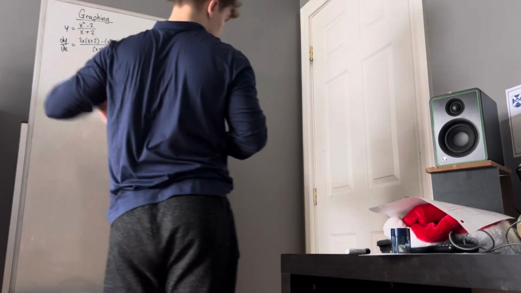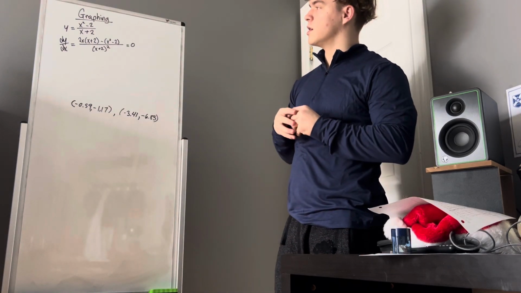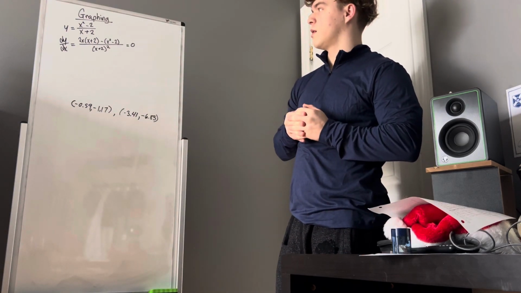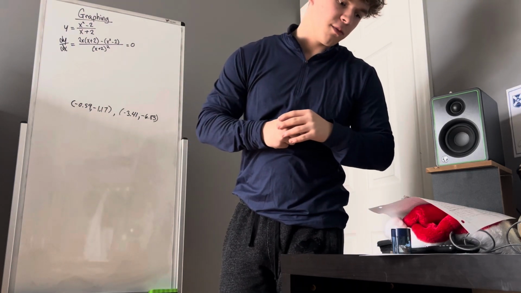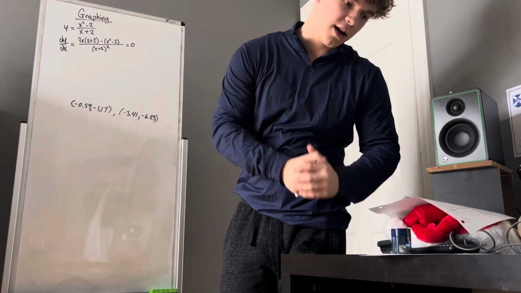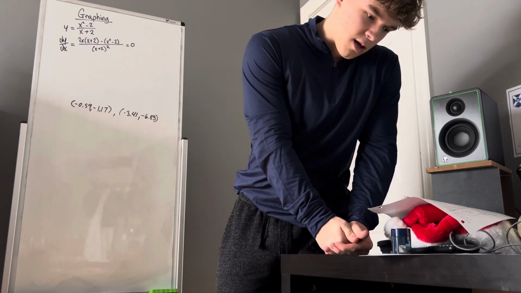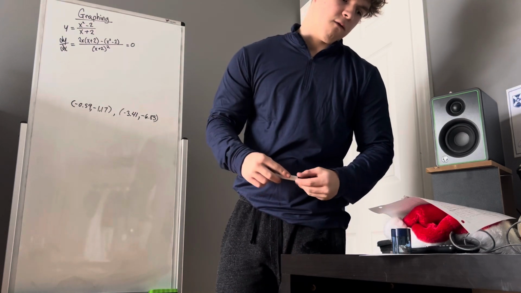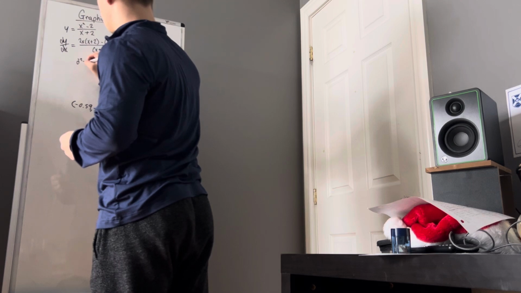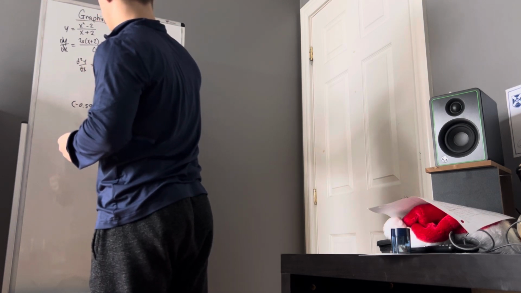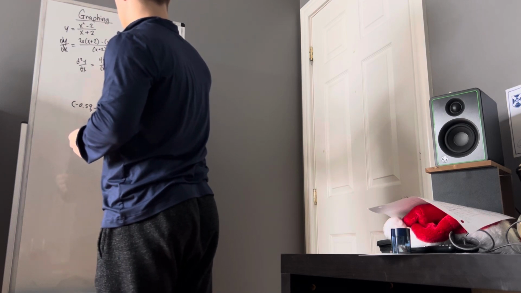Now, we're going to ask ourselves, what is the second derivative? Now, second derivative, not super fun, but it's going to end up being (4x plus 8) over x plus 2 to the 4.